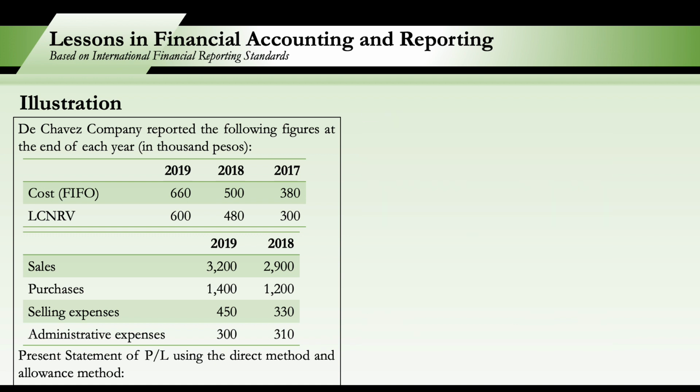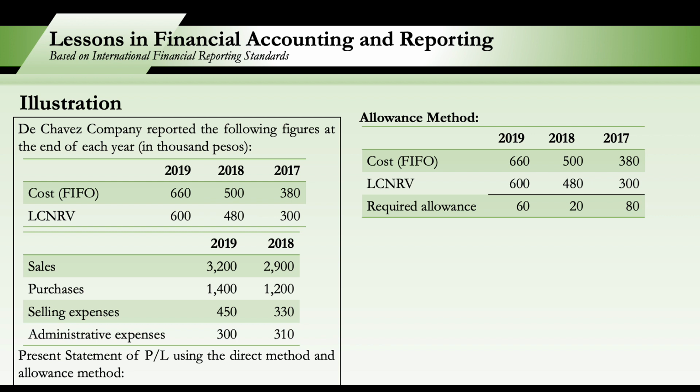Okay, so now let's proceed to the allowance method. So again, let us prepare our entries for the recognition of ending inventory and the adjustment for write-down or recovery of the inventory. But before that, let us have this schedule of the comparison of cost and NRV.